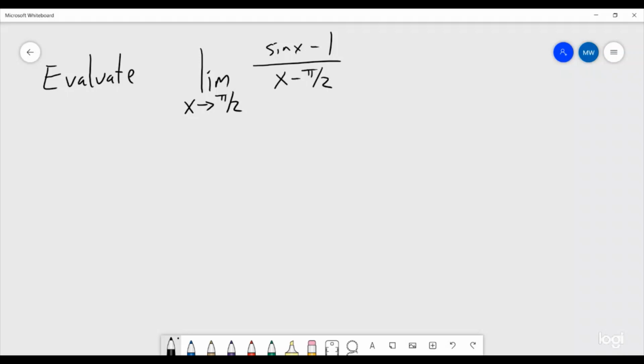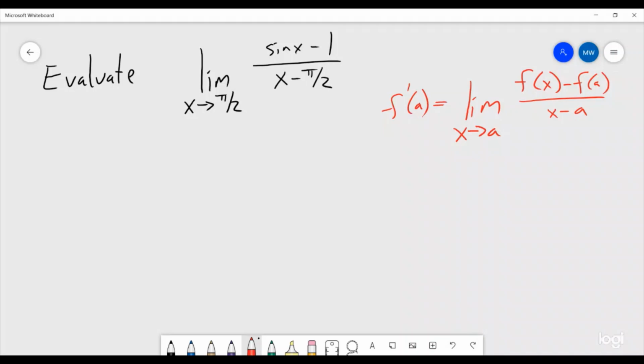Okay, hopefully what you did was you recognized that this is in the form, we have the limit as x approaches a of f of x minus f of a all over x minus a. Because what this represents is the derivative of f evaluated at a. Well, what's our function here? Well, our function is sine of x. We are evaluating it at pi halves, because sine of pi halves is 1.